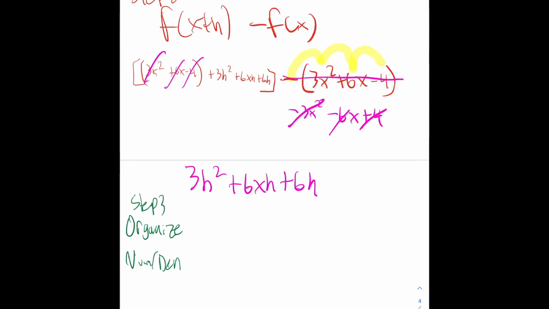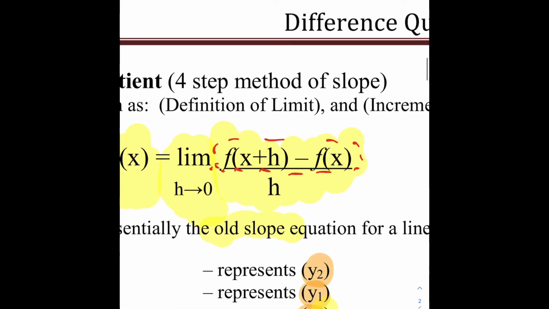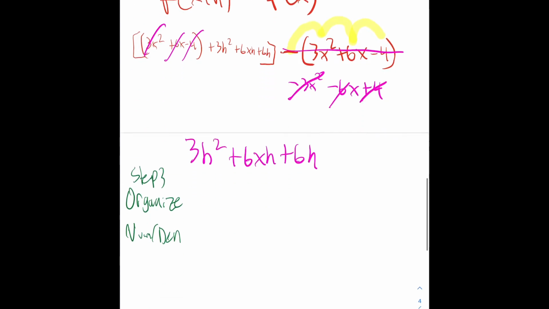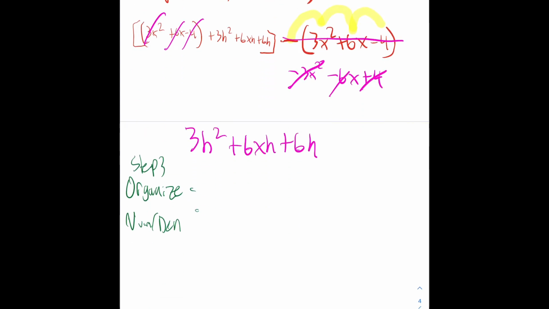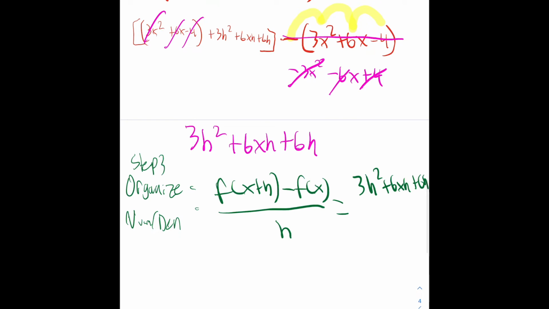So if we think back to the original equation, again, I still have divided by h over here. So I'm going to go ahead and set up basically my whole problem and say f of x plus h minus f of x all over h equals 3h squared plus 6xh plus 6h all over h.